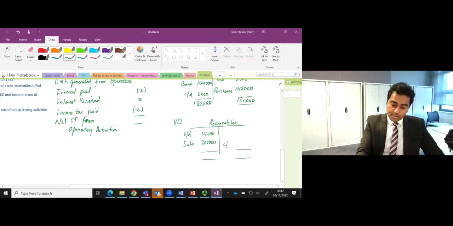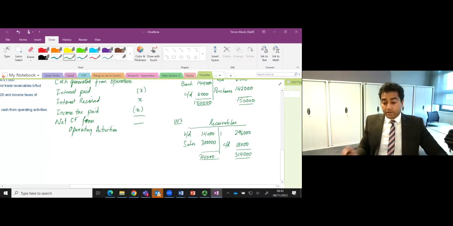And the closing balance will appear on the credit side, 18,000, which will become the opening balance on the debit side in the next period. So the total is 314,000. I will copy the same figure on the other side, 314,000. Take away 18,000 will give me 296,000. And that is what I have received from my customers.